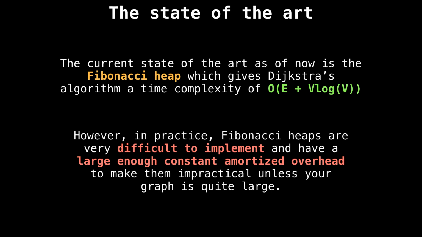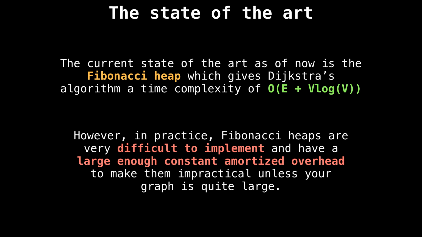The last thing I want to mention is the current state of the art when it comes to choosing the right heap for Dijkstra's algorithm. And right now, the best heap we know of is the Fibonacci heap, which gives Dijkstra's algorithm, believe it or not, a time complexity of big O of E plus V log V, which is extremely fast.